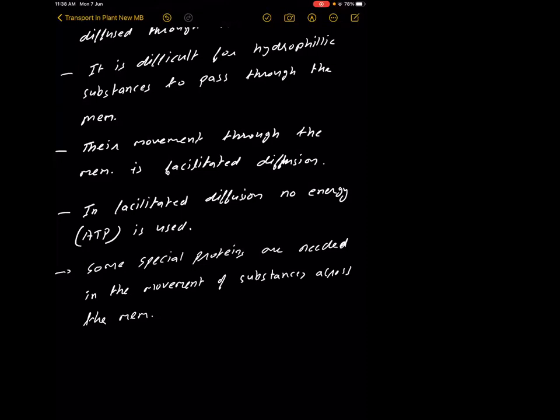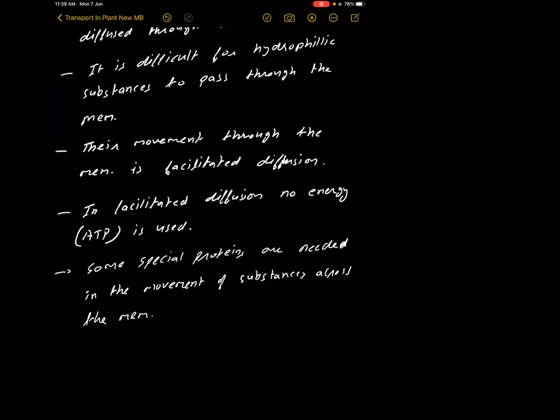Uphill is just opposite to diffusion. Uphill means you are taking the material from the lower concentration to high concentration. In diffusion, material moves from higher concentration to low concentration. Active means here energy is required.